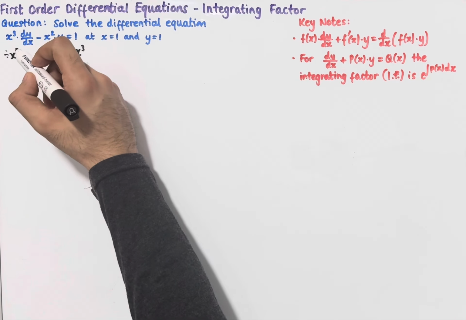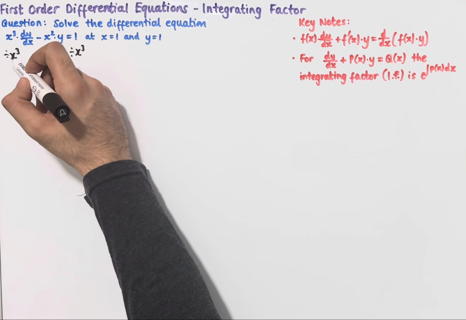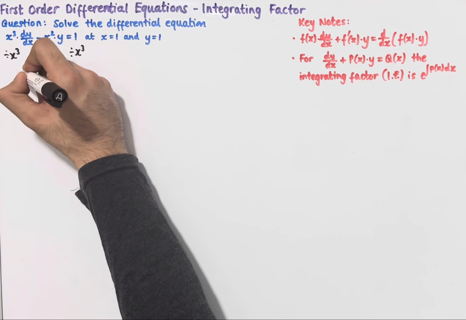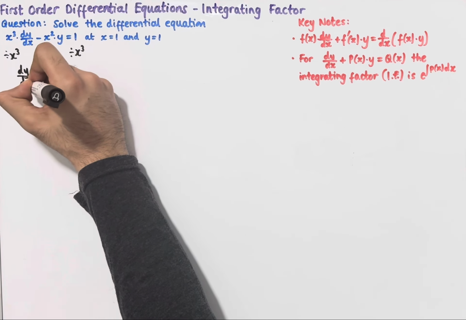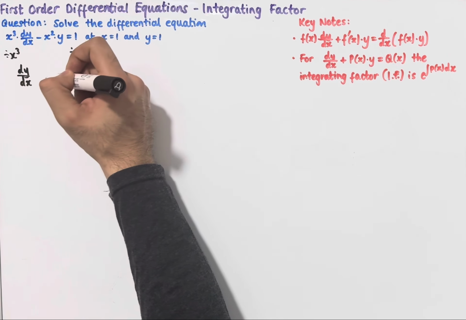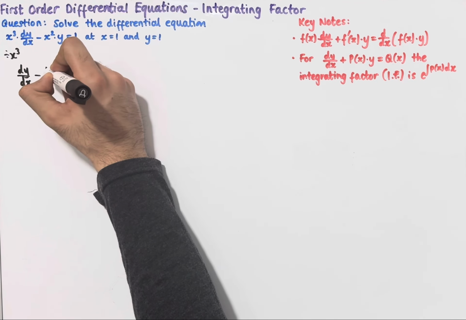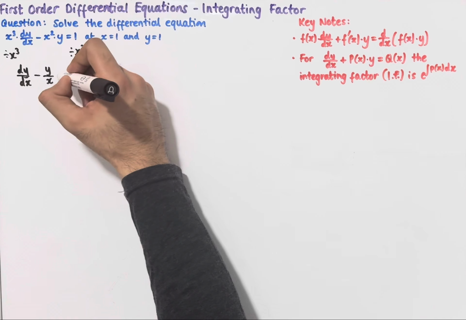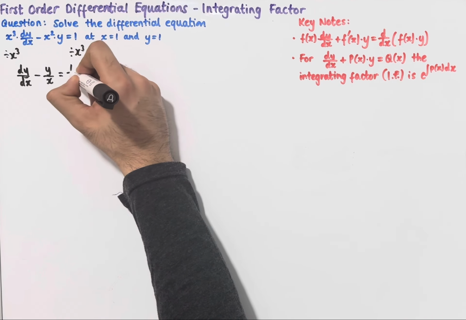Now if we do that, the first term here has x cubed and that cancels when dividing by x cubed, so we end up with dy over dx. And now for the second term we have minus x squared times y, which when we divide by x cubed we end up with minus y over x, and then 1 divided by x cubed gives us 1 over x cubed.